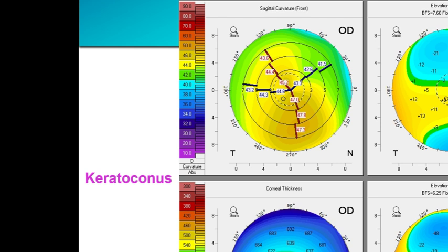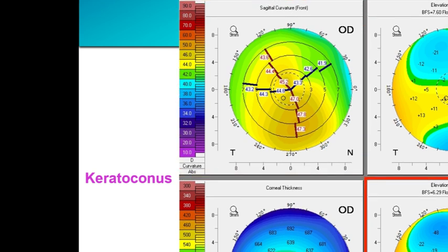So we have abnormal posterior elevation map and abnormal anterior curvature map. This is keratoconus, okay? Because we have abnormal anterior curvature and abnormal posterior elevation, regardless of thickness map. We don't depend on the thickness map. Why? As you see, this is keratoconus and the thickness map is very good and the cornea is thick.